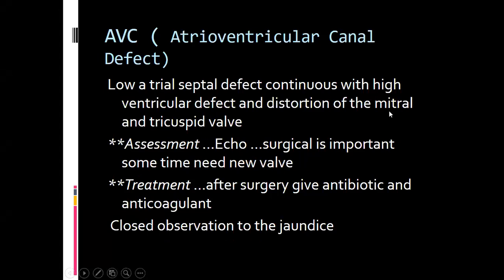Now, for the treatment of these cases, there is close observation. We can also give cardiac surgery, along with antibiotic therapy and anticoagulant therapy.